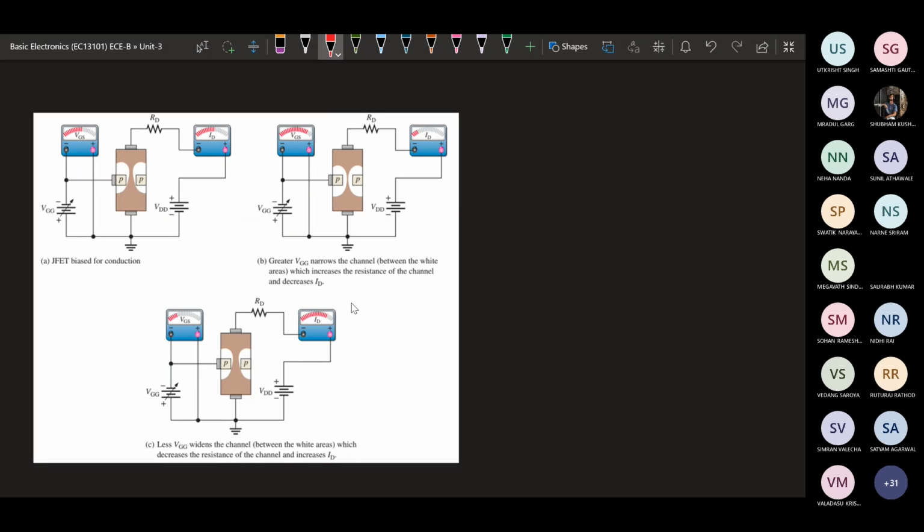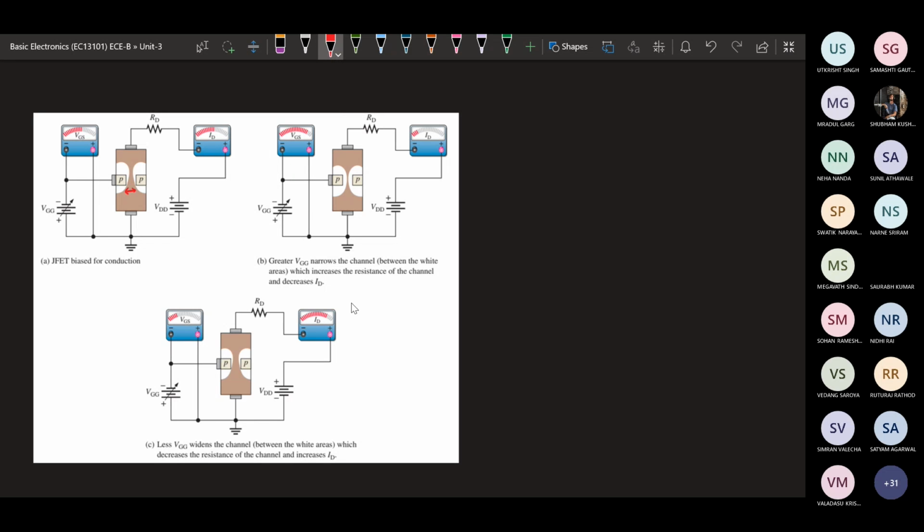This VDS and the gate to source voltage VGS define the channel width. Initially, for whatever gate to source voltage we have applied, the channel width is this. In the next case, if we apply a greater VGG, that means a greater VGS.